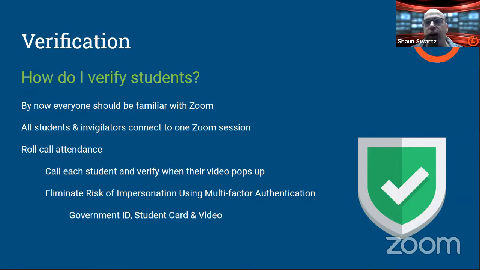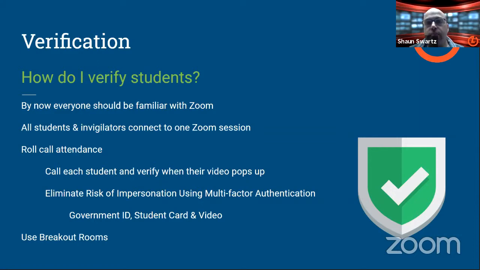And that's just a nice, simple way of taking roll call. You can do it relatively quickly. You don't have to rush through it either, but give time before the exam is meant to start and tell the students they need to be online by a certain time so that you can take roll call.